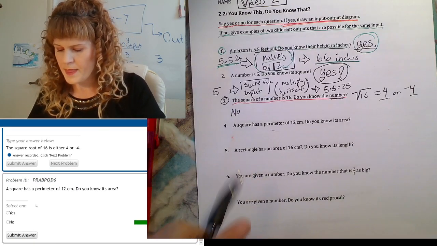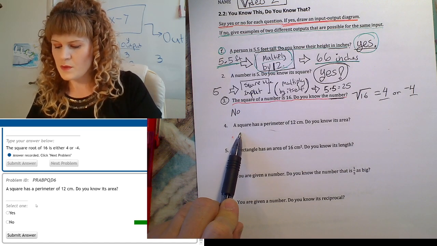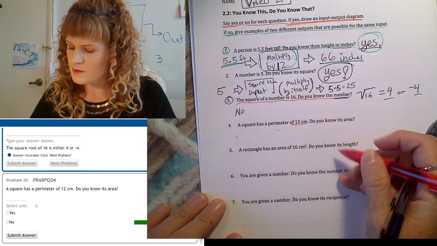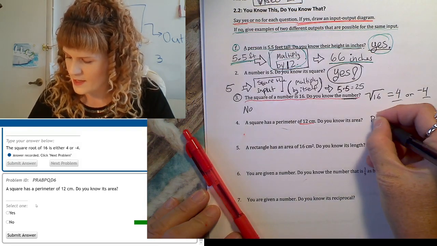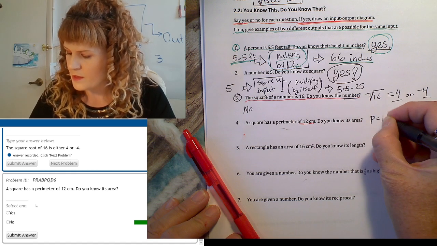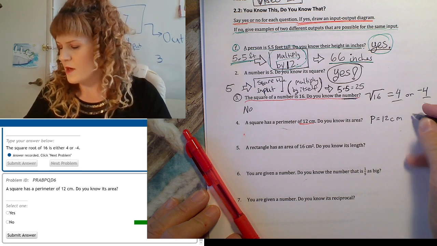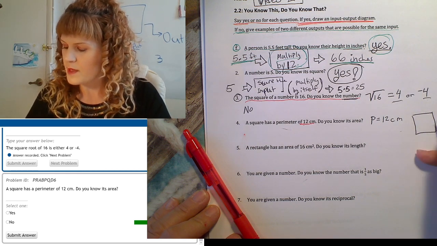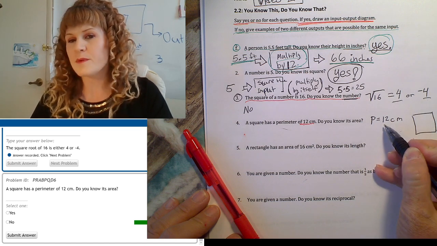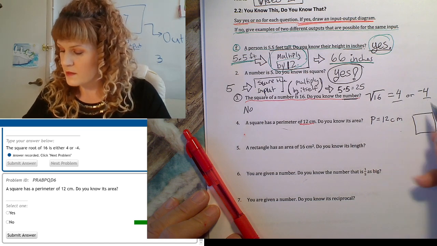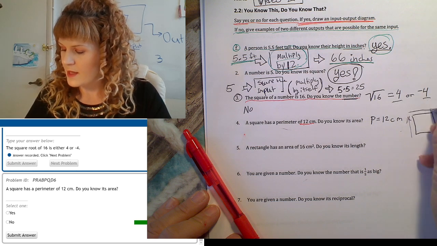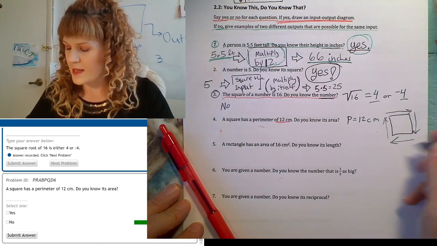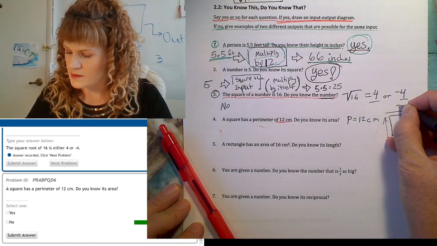Next problem, number 4. A square has a perimeter of 12 centimeters. Do you know its area? I'm going to just write that down. P is perimeter, and that equals 12 centimeters. I'll draw a picture just to help me remember that a square has 4 equal sides. If the perimeter is 12 centimeters, remember perimeter is the length all around a square, then each side length must be 3 centimeters.